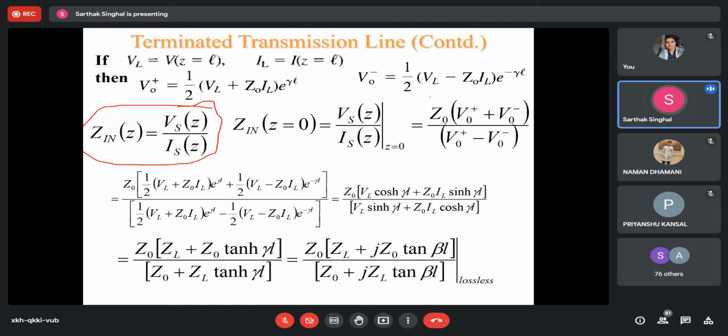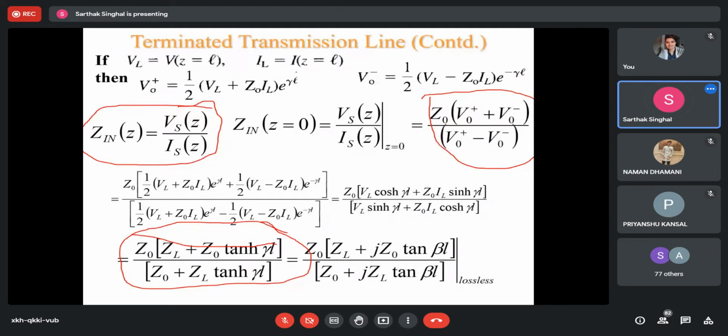Now since we know the values at the load terminals, and the amplitudes in terms of load voltage and load current, we can substitute these two values in this equation and we can calculate the value as this one.